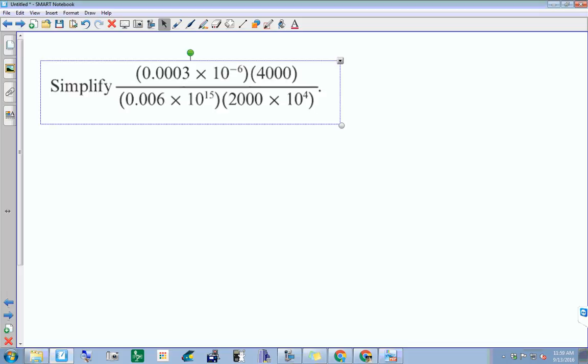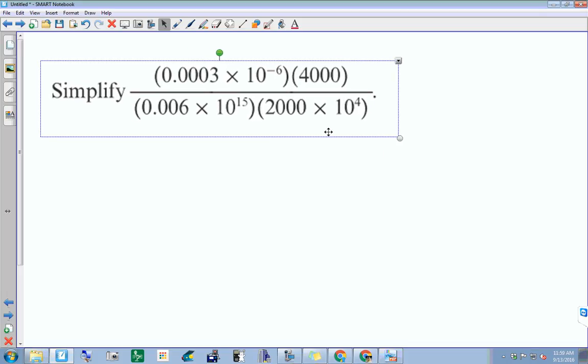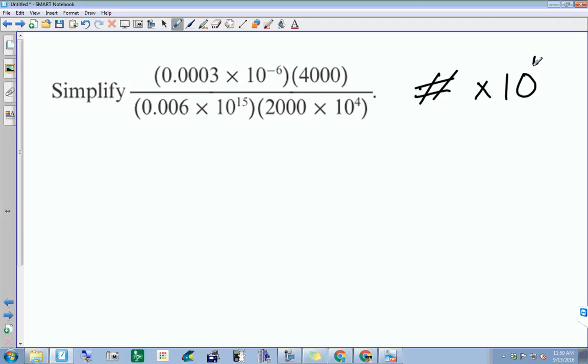Now, you guys will be dealing with this more in science than what we do here. But, you know how to write things in scientific notation, right? Okay. Whenever you're dealing with scientific notation, it's always going to be some number multiplied by 10 to some power up here.